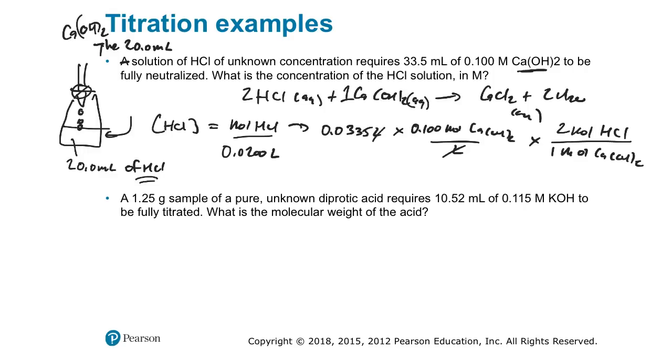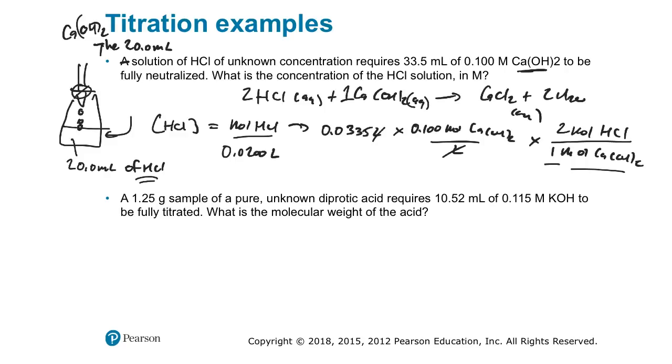Okay, so let's talk this through. We added 0.0335 liters of calcium hydroxide. We used the molarity of that solution. That's the moles of calcium hydroxide that were added. For every 1 mole of calcium hydroxide that had to be added, that means there were 2 moles of HCl present in that solution.